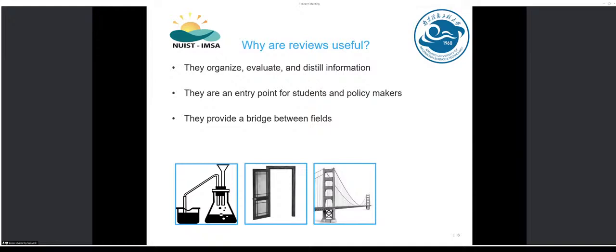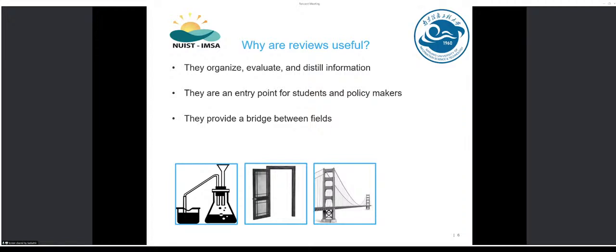And they provide a bridge between the fields. For example, if you are a meteorology student and you are looking at some particular meteorological event and how it is affecting any ecological event, any economical event, or any social event.